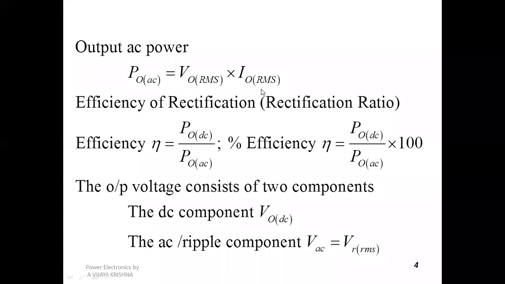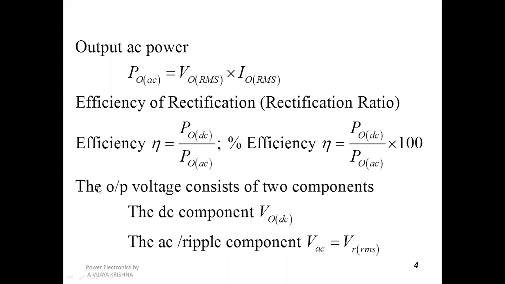Efficiency tells us how much DC power output can be obtained across the resistive load with respect to the input value.